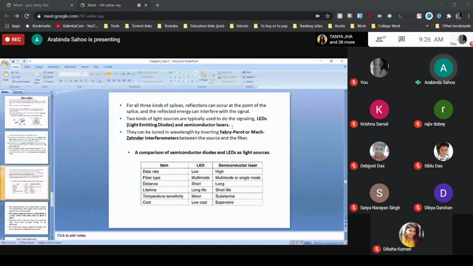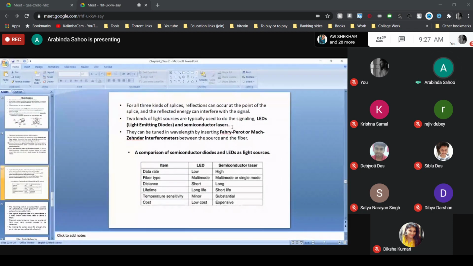But the problem is, suppose there are two networks, and one network is using an LED, light emitting diode, and the other network is using a semiconductor laser. Their wavelengths are different: the LED has some wavelength, and the semiconductor laser has a different wavelength.